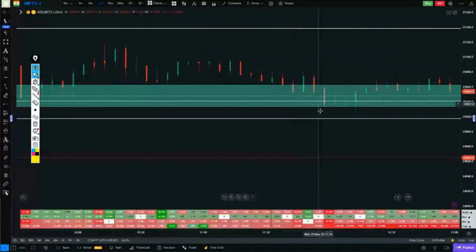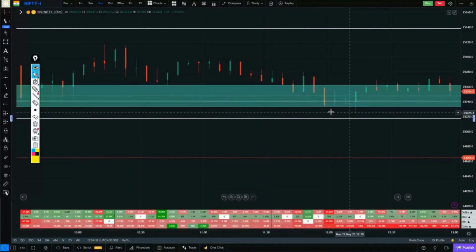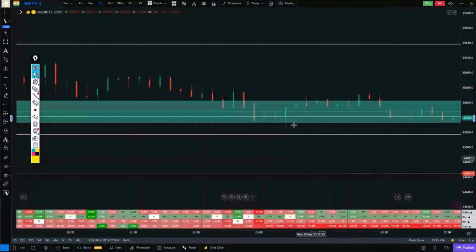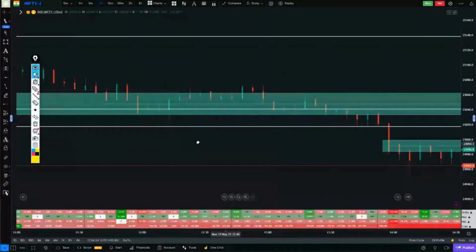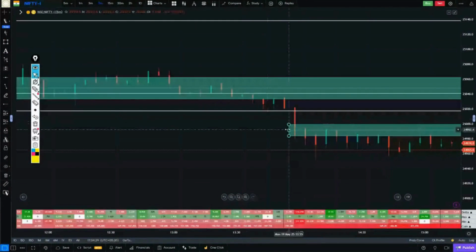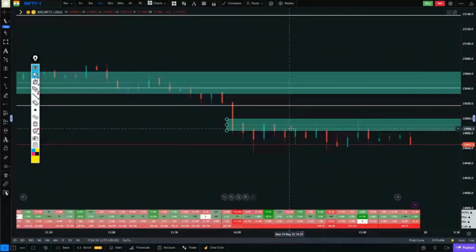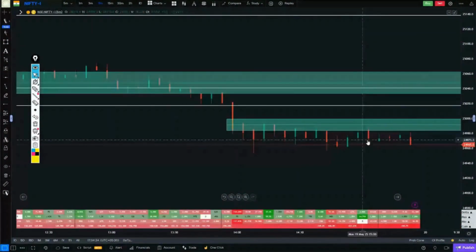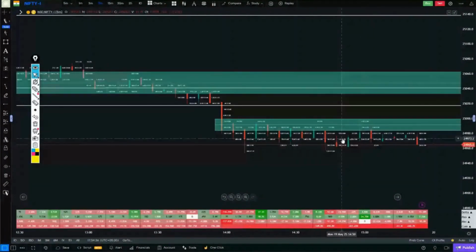This zone was broken quite well, but still, even after the break, there was no solid confirmation. Now finally, again, some selling came in. It kept breaking through this easily, and we saw some selling. This very selling acted as resistance. We saw one or two rejections, and the market closed.